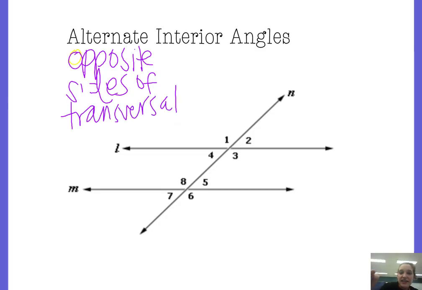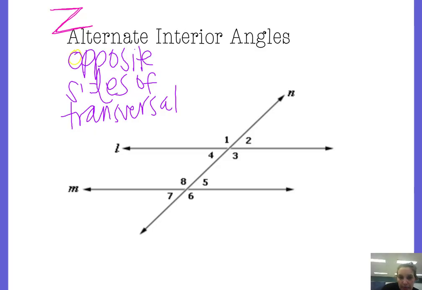But they're in the interior of the 2 lines that the transversal cuts through. So this is going to sound really silly, but there's a letter that it's going to look like, and it's a Z. So you can think of them as Z-alternate, which is dumb, but it really can help.